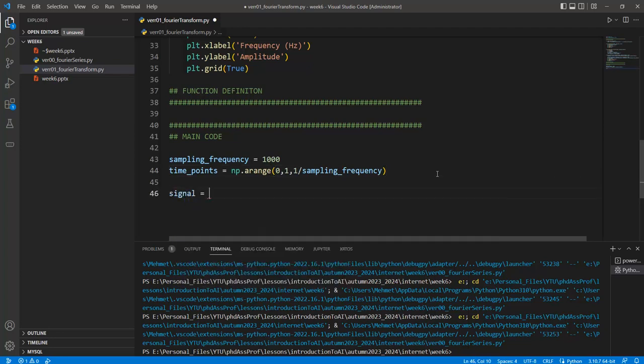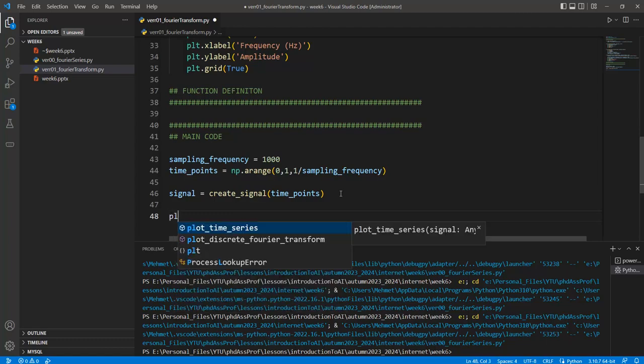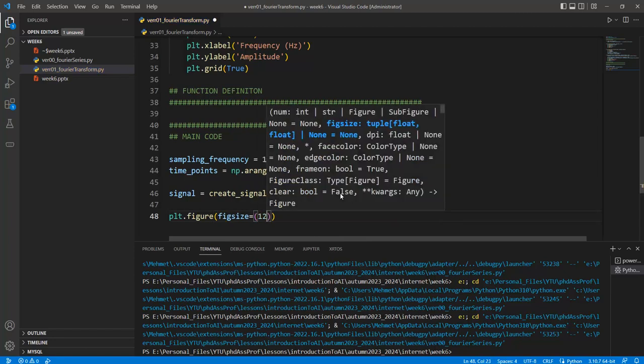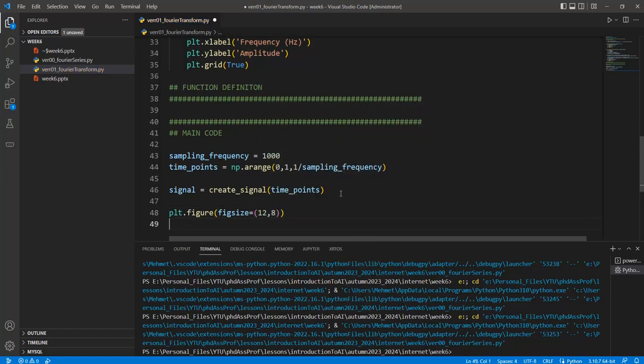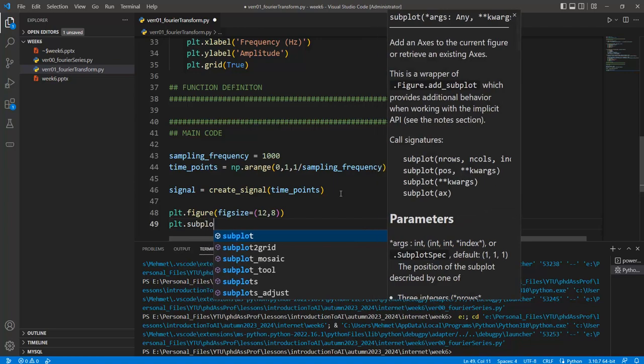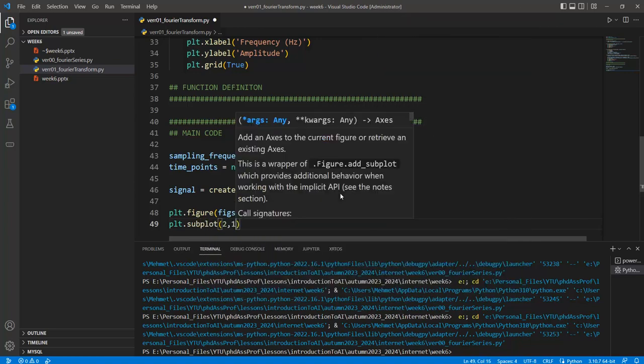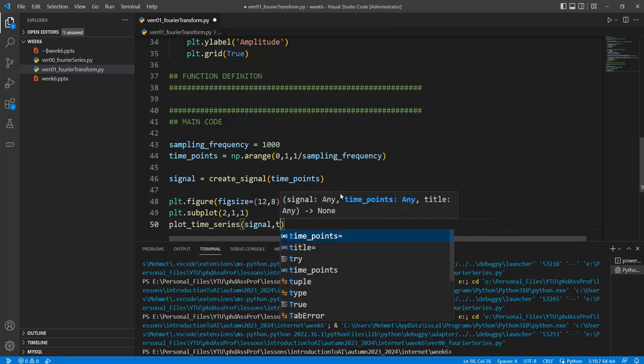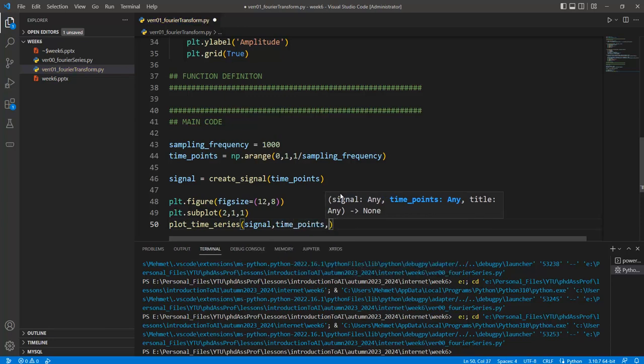So the signal can be created in here with time points, and after that PLT figure fixed size 12.8 and PLT subplot 2, 1 and 1, and plot time series signal with the signal, time points and the time series data.